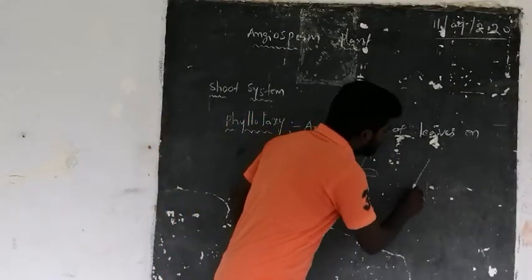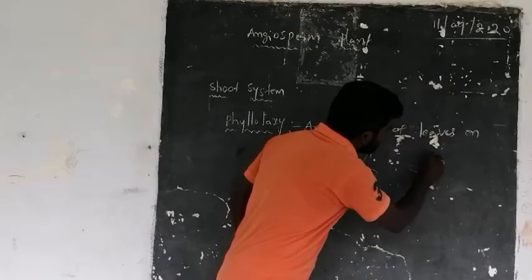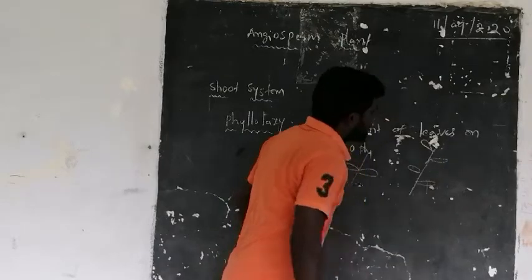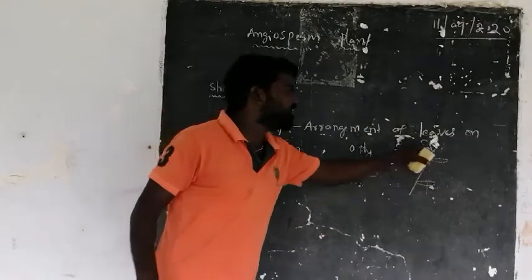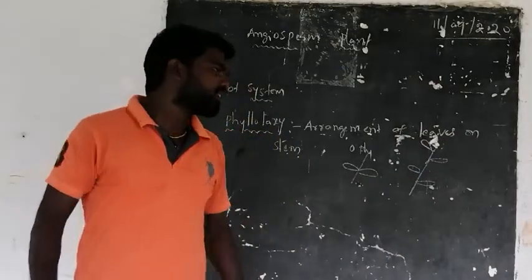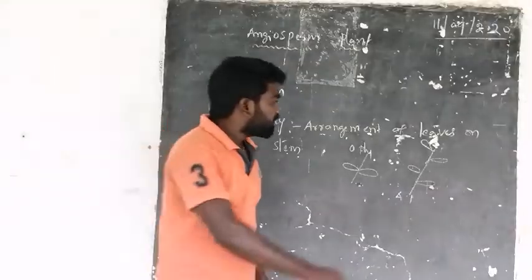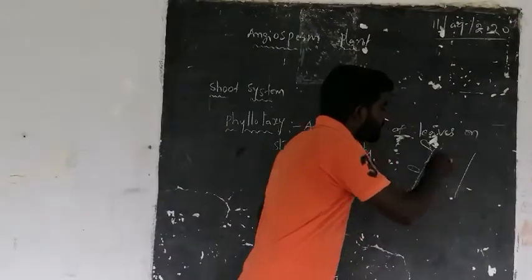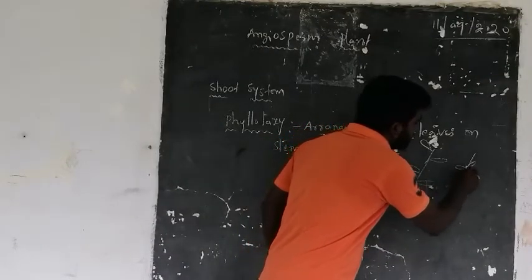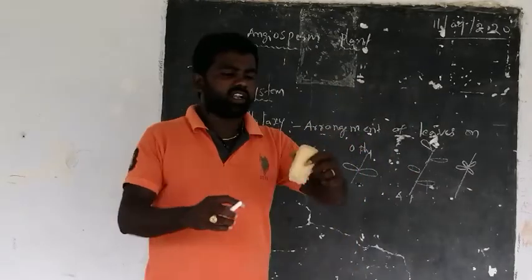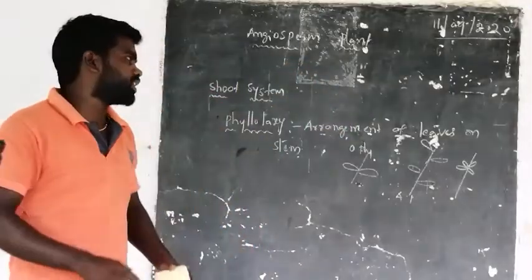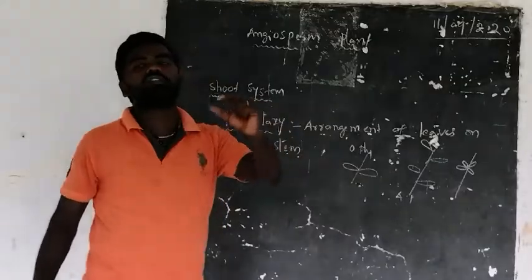And this is the stem, the leaf is like this, that is called alternate phyllotaxy. And this is the leaf, this side, and for a stem, 4 leaves are there. That is called whorl phyllotaxy.